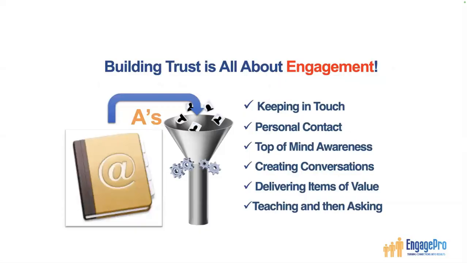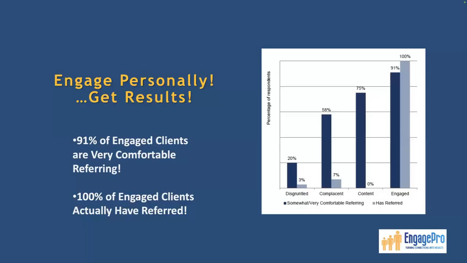Now, I'm going to digress for a minute just to make a very quick point. If you engage personally using that every other week contact cycle where you're talking about them, research shows, this isn't my research, this is provided by a major research firm in Canada, that 100% of engaged clients have actually already referred when they were surveyed about the level of engagement their provider gives and their referral activity. 90% say they're very comfortable referring.